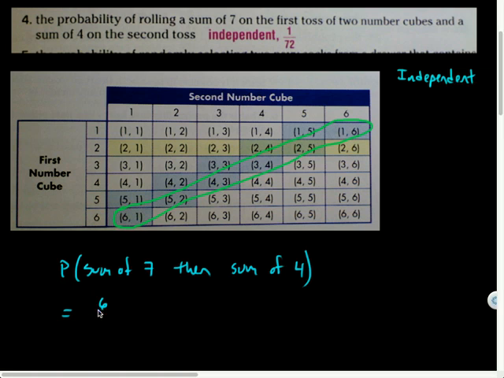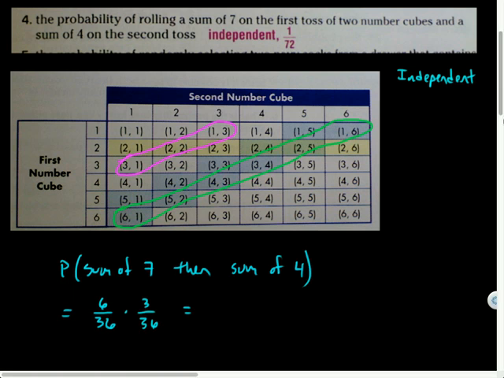So this is 6 out of 36 multiplied by the sum of 4. That diagonal is the sum of 4, right? So 3 out of 36.